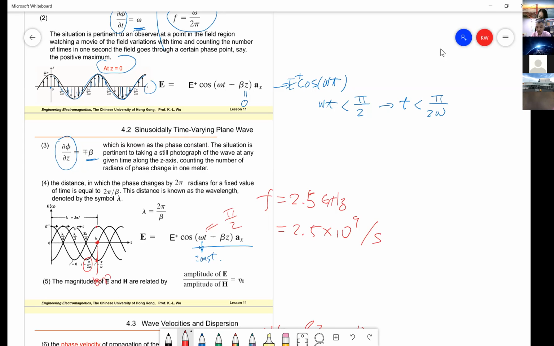So the magnitude increases to maximum, then decreases to 0, then goes downward, then to the minimum, and then backward. So that changes with time. I hope I answered the question. Did I answer your question?